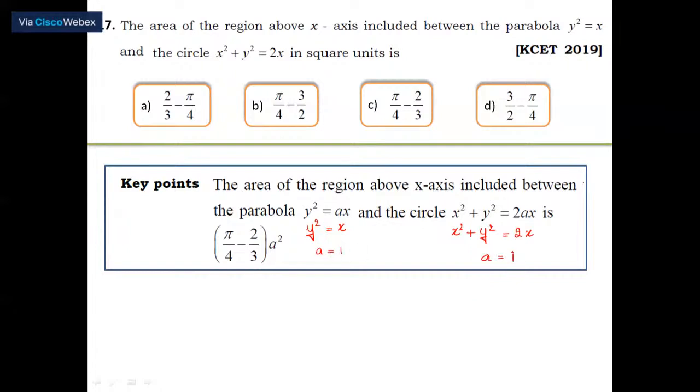And when a is equal to 1, by using this result, the required area is pi by 4 minus 2 by 3 whole thing into a square. But here value for a is 1, so it is 1 square. So our final answer is pi by 4 minus 2 by 3. That is our option C. Fine. Now let's move on to the next.